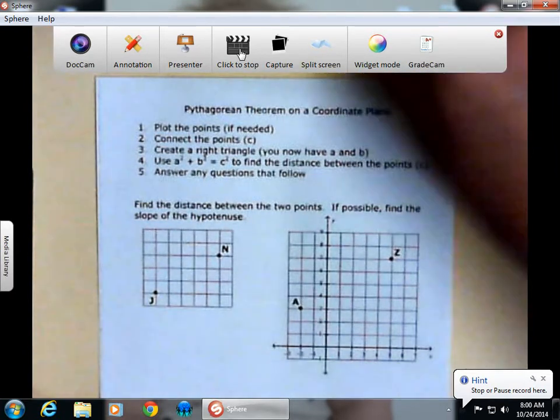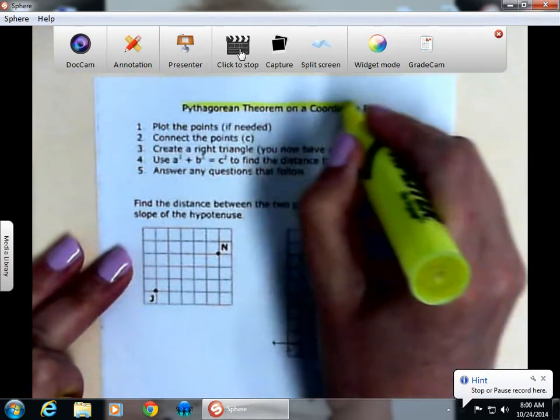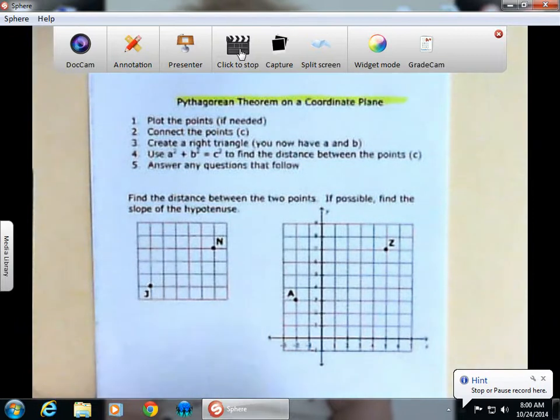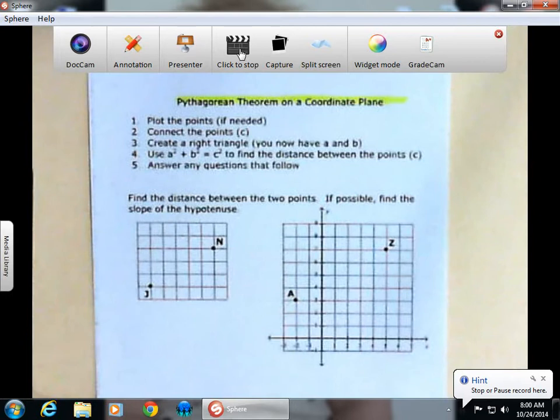Alright, so today we're going to talk about the Pythagorean theorem on the coordinate plane. The directions are: plot the points if needed, then connect the points. That's going to be our C, or the hypotenuse. Create a right triangle.